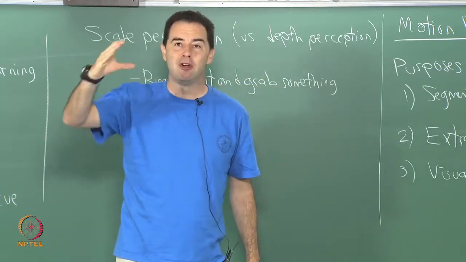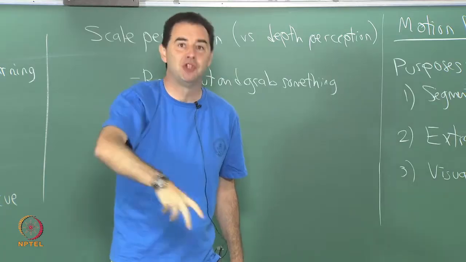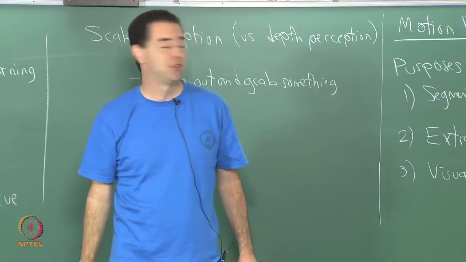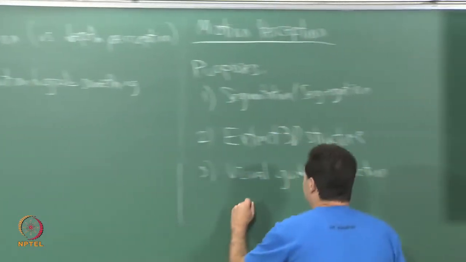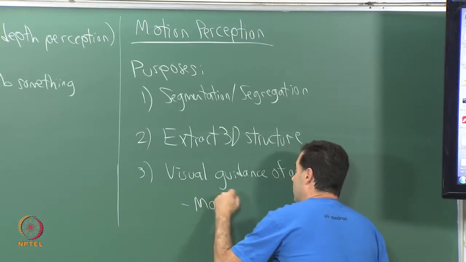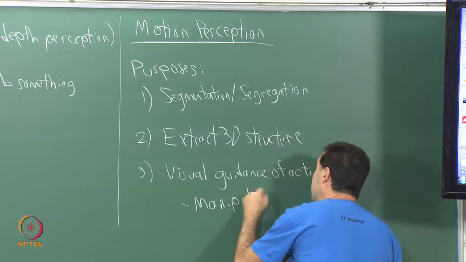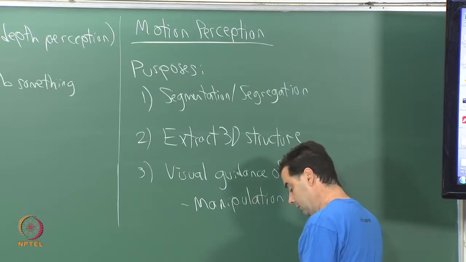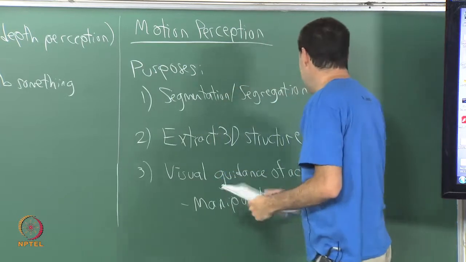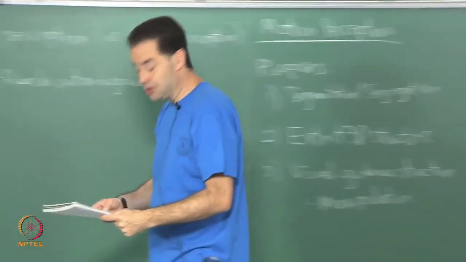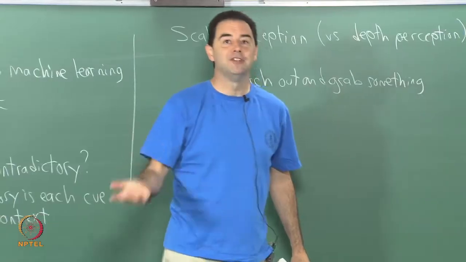We're perceiving the motion of our hand as we reach and grab something, and that visual feedback helps us to accomplish the task. So visual guidance of our actions. That's useful for manipulation, like grab a cup, general hand-eye coordination, and may provide information about other kinds of self-motion.